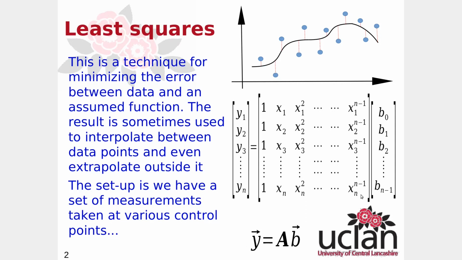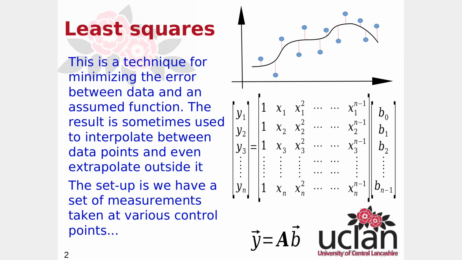For a quadratic problem, we would have n equations and 3 unknowns, and the unknowns in this case would be b0, b1 and b2. If it was a cubic, then we would have n equations and 4 unknowns, etc.